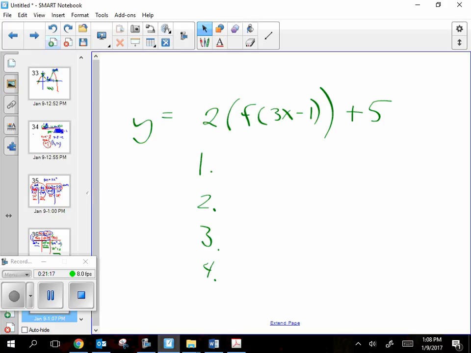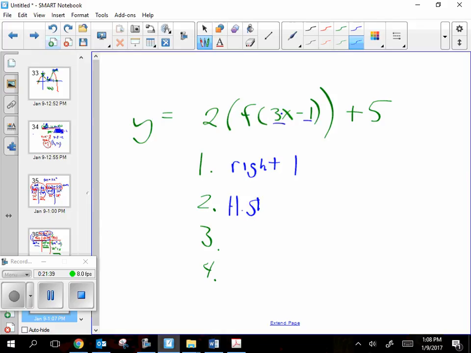All right. So if I'm starting on the inside, it's either the 3 or it's the -1. Now, multiply by 3 is normally first, so it's not first. The -1 is first, to be right 1. And that 3, which seems like it's horizontal stretch of 3, is not. It's a horizontal shrink, and you don't say 3, you say 1/3.